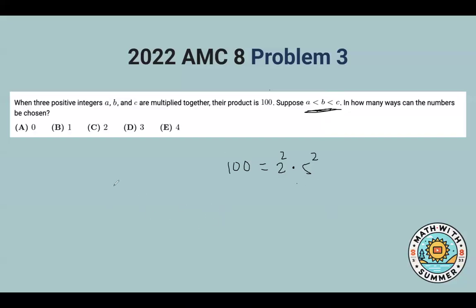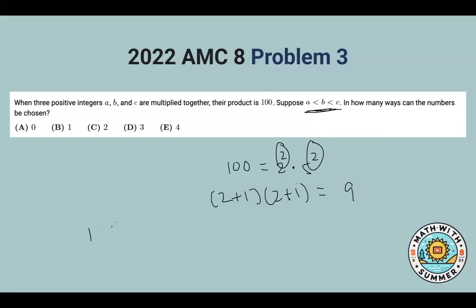So what I would do is write out all of the factors of 100. In order to find the number of factors of 100, you take each of the exponents of the prime factors, and you would do 2 plus 1 times 2 plus 1, which is the total number of factors of 100. Since we know that there's 9 factors, we can make sure that we don't miss any.